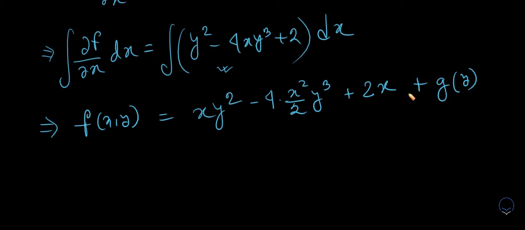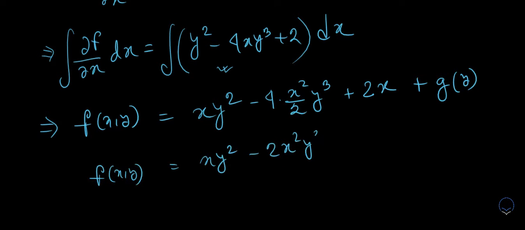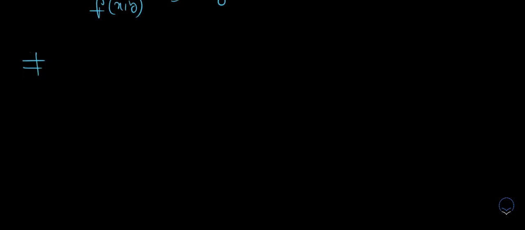Some part of it we don't know yet. So again, to write this completely with some simplification, it will be just minus 2x squared y cubed plus 2x plus g(y), right? Okay, we made some progress. But now how to find g(y)? So step 3 will consist of finding g(y).